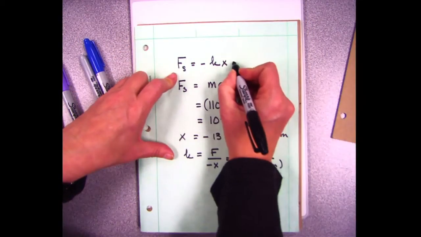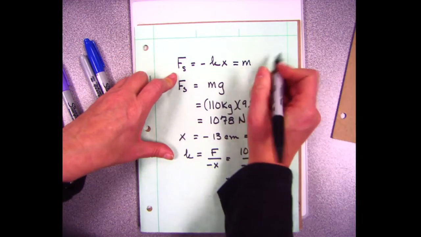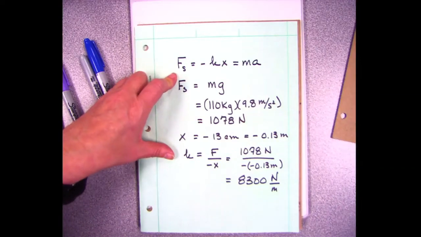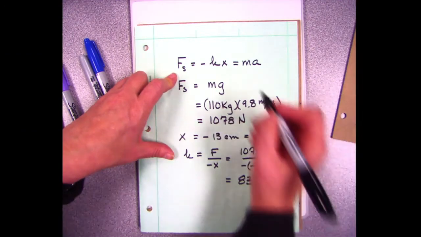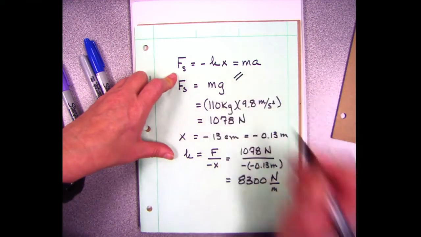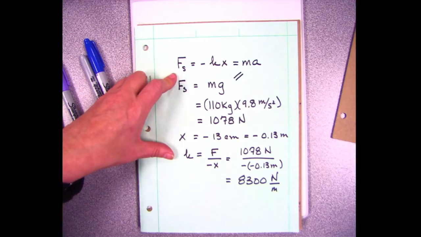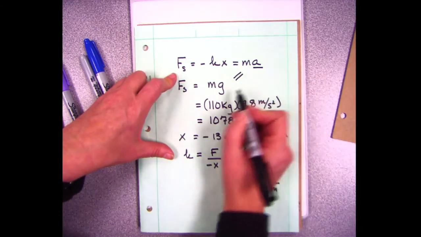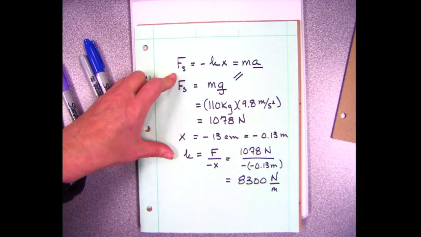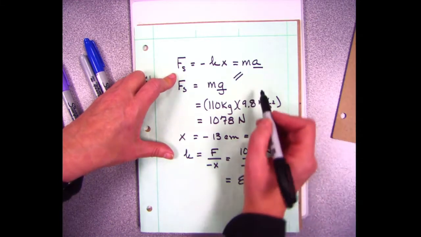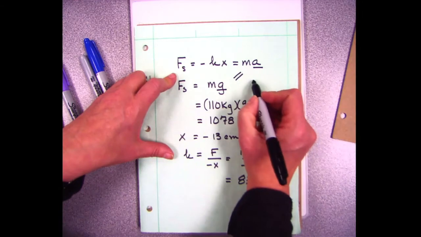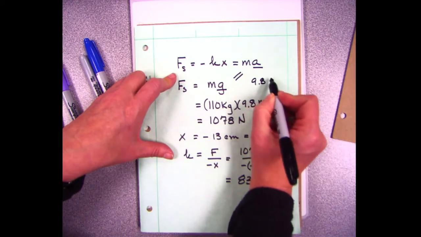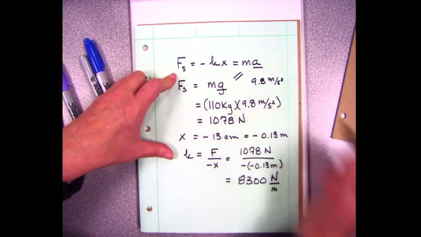But my force is also equal to my mass times my acceleration. If I'm looking at what my acceleration is, I can do this by inspection and show that my acceleration is gravity, 9.8 meters per second squared.